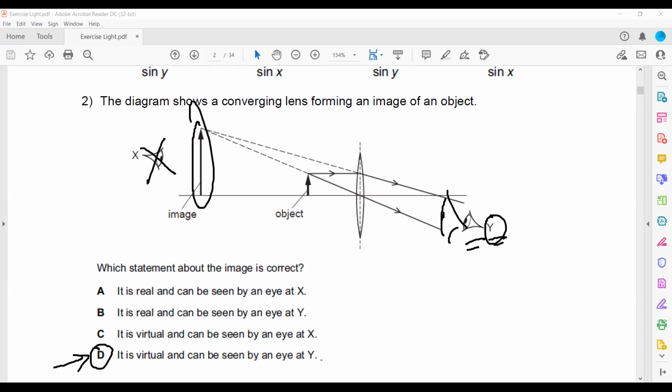Discussion? Look what happened. If we have, this is the principal axis. Here is a lens.